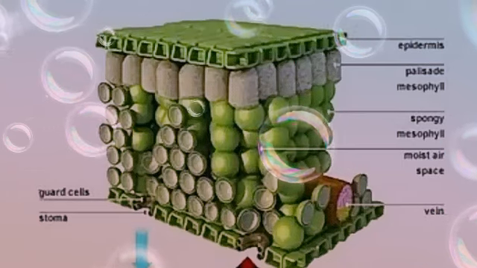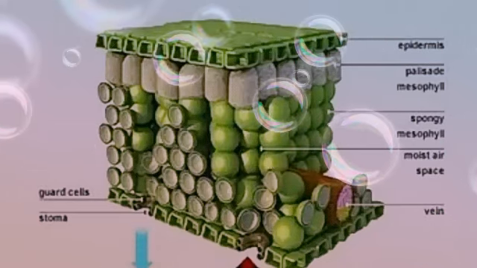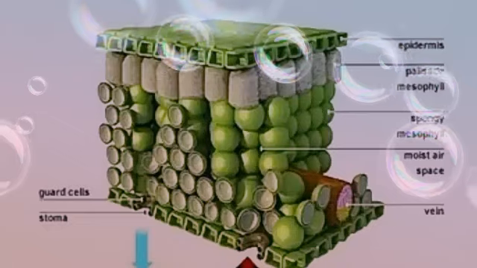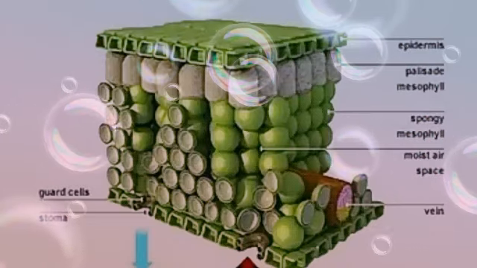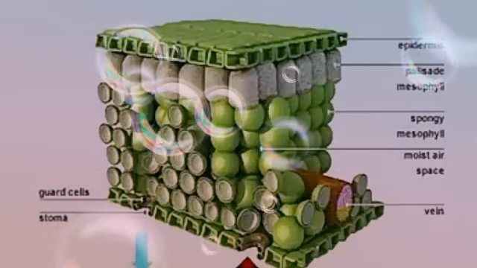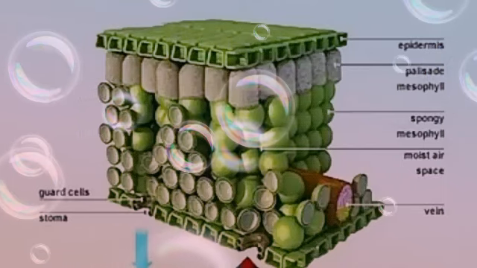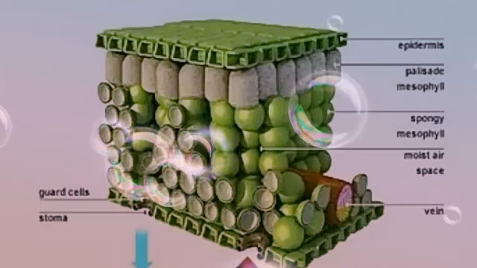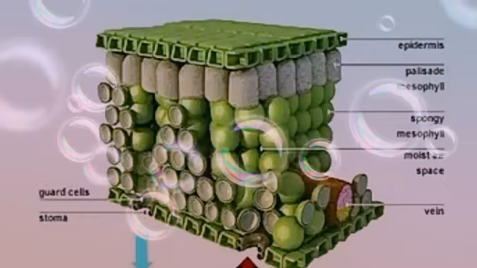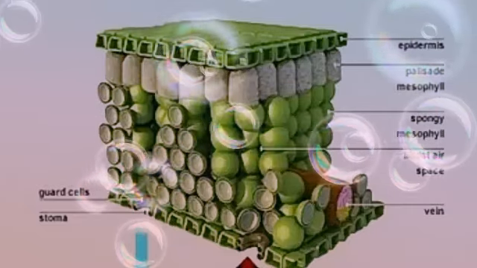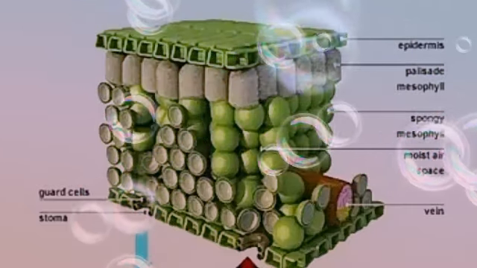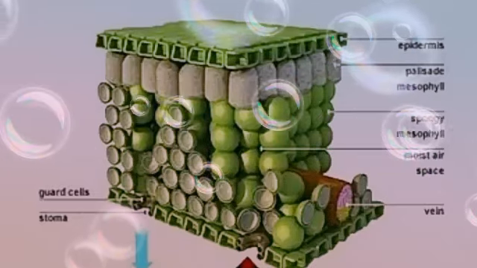Then the water from the soil is taken up by the roots, sent up through the stem and finally to the leaves, where it is distributed in the mesophyll tissue, and this root pressure is helping in transportation of water and minerals towards the leaf.